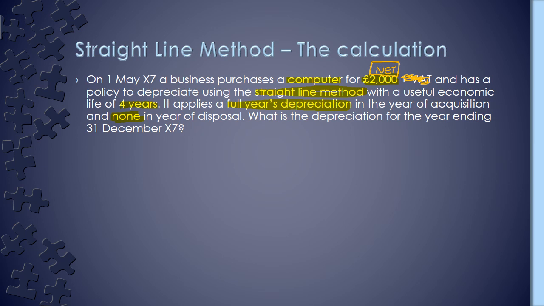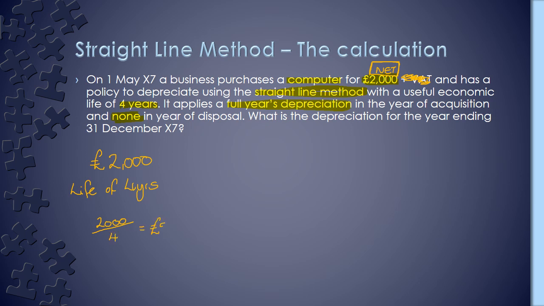Okay, so the depreciation then. So the computer has a value of £2,000. It has a life of 4 years. So each year we're going to have a depreciation of a value of 2,000 divided by 4.